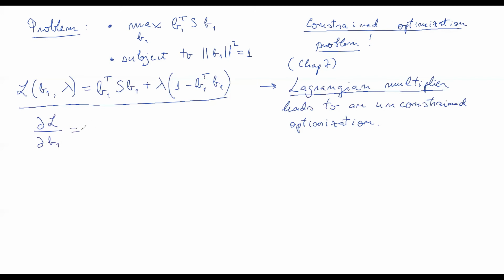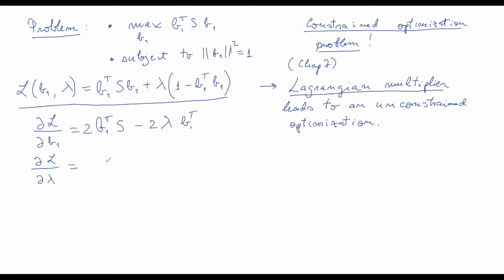When we calculate it with respect to B1, this is the quadratic term in B1, so when we take the partial derivative, we get 2 B1 transposed times S, and we also get one quadratic term in B1, whose partial derivative is going to be minus 2 times lambda times B1 transposed. And then when we take the partial derivative with respect to lambda, this term is constant, so that disappears, and it's just this part.